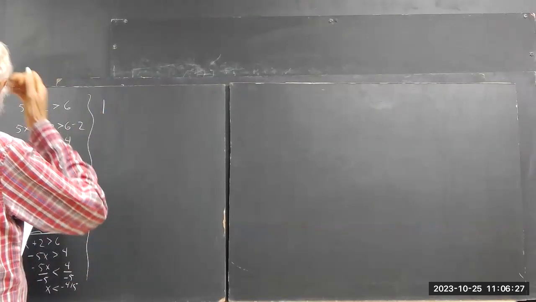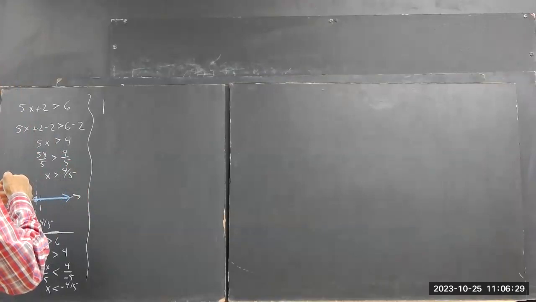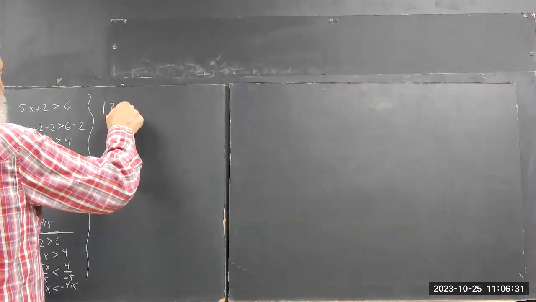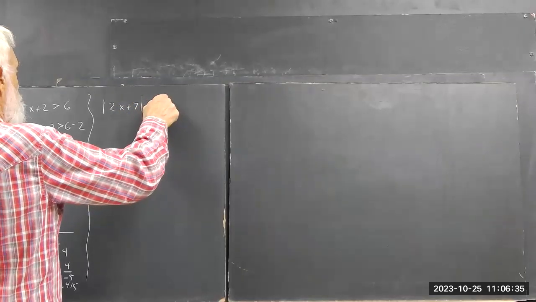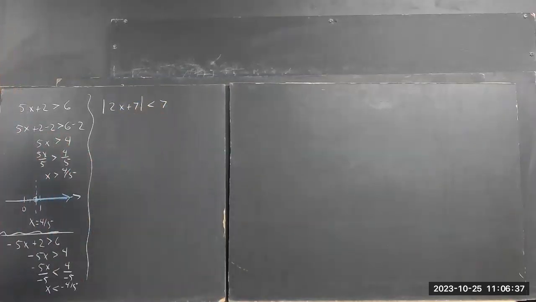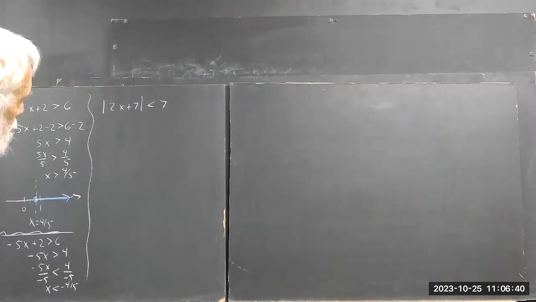Now the inequality absolute value of 2x + 7 less than 7.